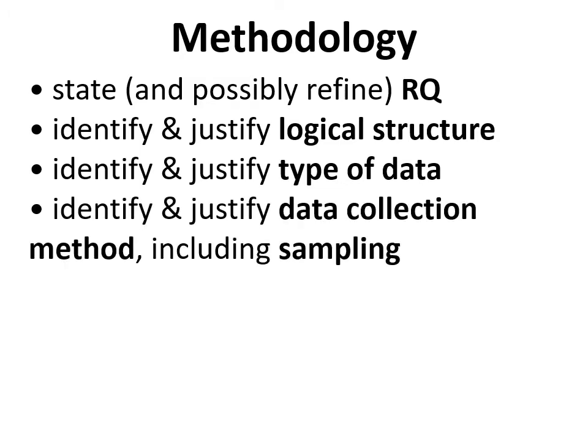You will then identify and justify your data collection method, including sampling. Again, if you're a physical geographer, Spickard's scheme works out such that your data collection method is detached observation.